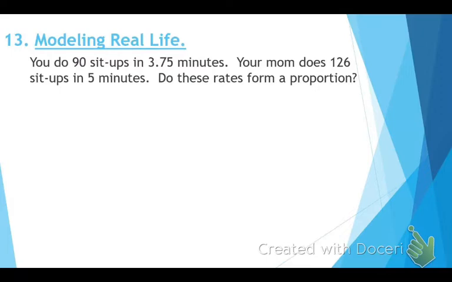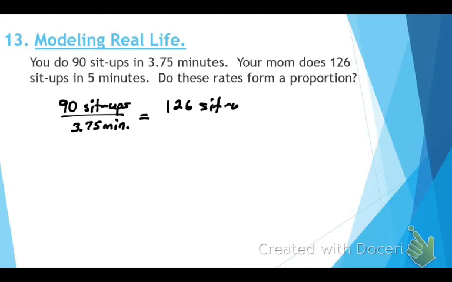All right, I saw a lot of people doing cross products. Just remember, if you do it, 90 sit-ups needs to go up on the top per 3.75 minutes. When you're comparing, you just have to make sure this one is also sit-ups on top, 126 sit-ups, over 5 minutes.